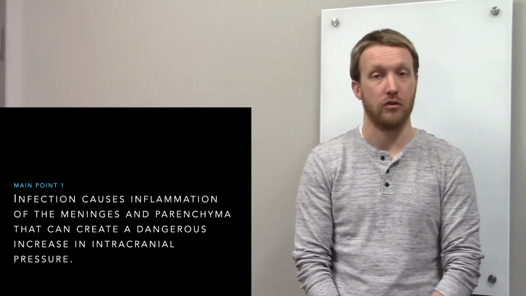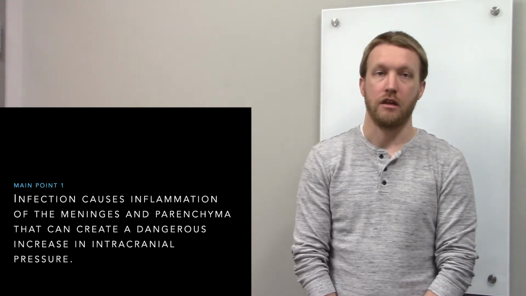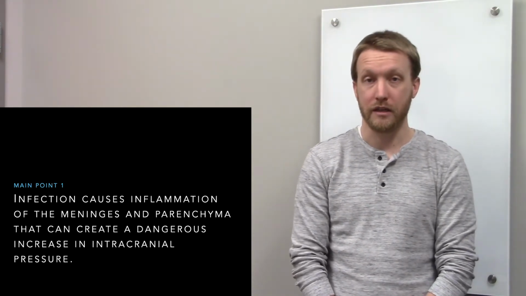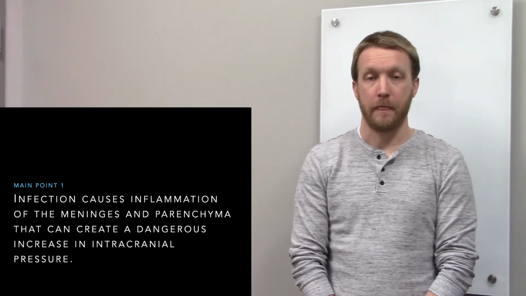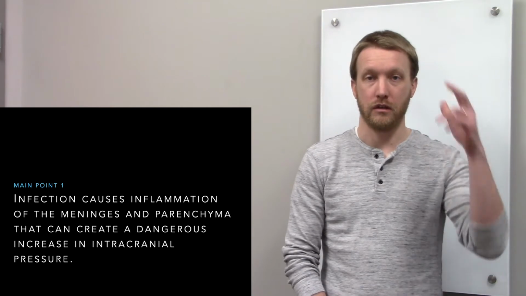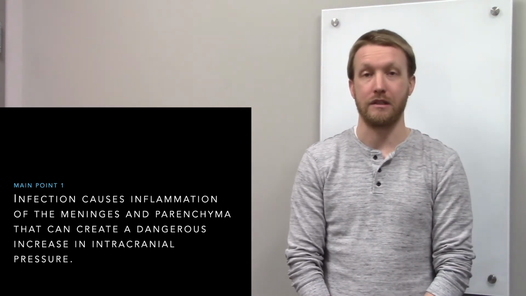Viral infections being a whole lot more common than bacterial. When we have infection in the meninges or within the brain tissue, this leads to an inflammatory response, and that is an issue for enclosed structures like the brain. We're going to have to worry about increases in intracranial pressure.